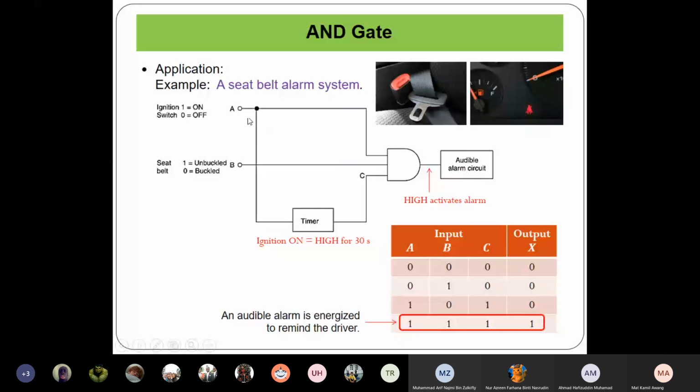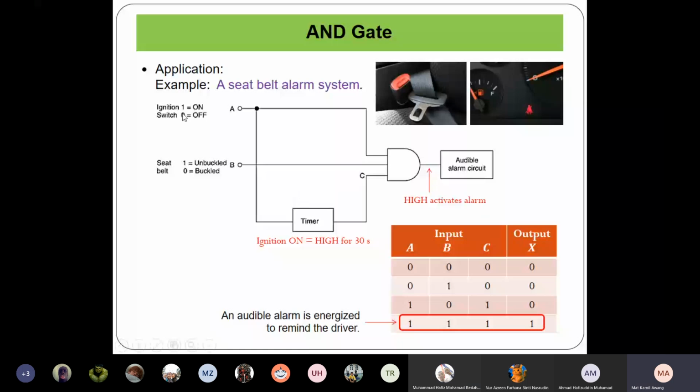When the ignition is on, when the seat is unbuckled, and when the timer is high, therefore the seatbelt alarm is on. So that is the condition.